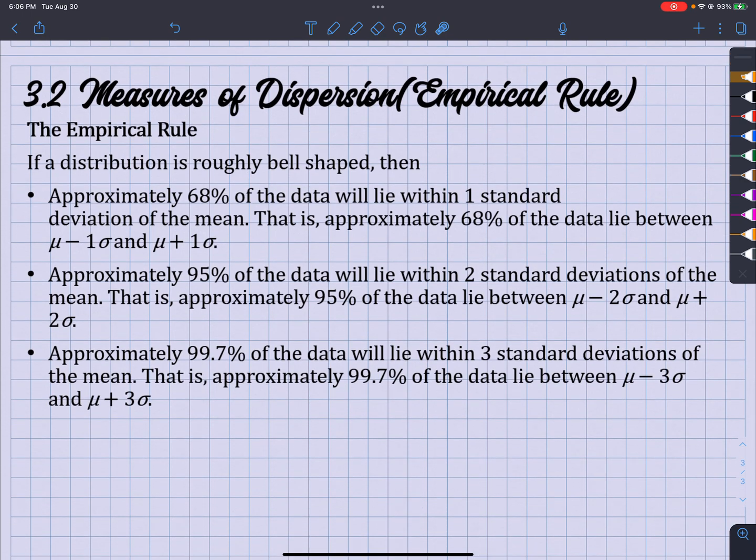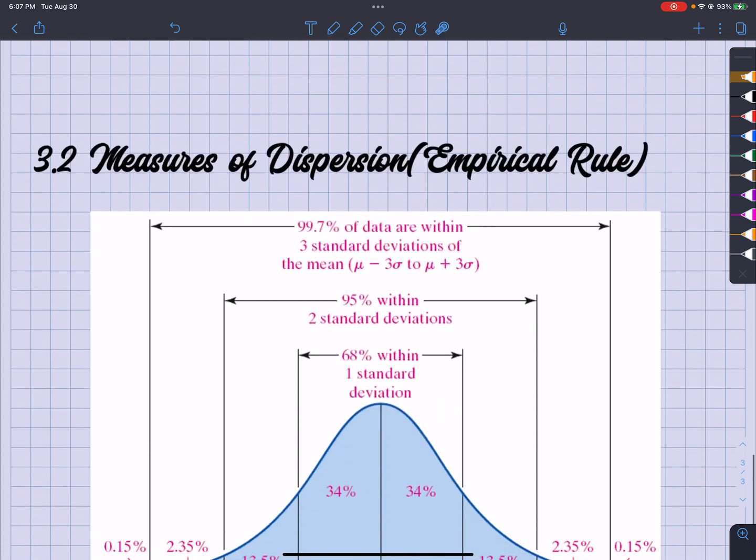So this is saying that within one standard deviation of the mean lies 68% of the data, 2 standard deviations away is 95%, and 3 standard deviations away is 99.7% of the data. And you're like, huh? Because this sounds like lawyer talk right now, right? So let's go ahead and show it to you in picture form.